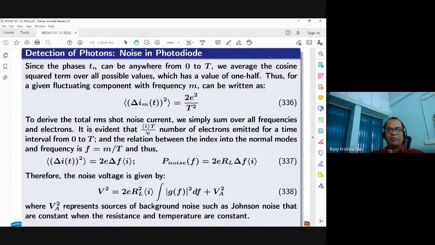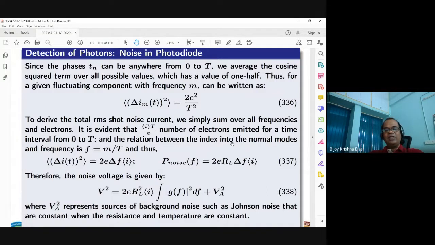Normally, current divided by e gives the number of electrons per second. Then if you multiply by the time T, you get the number of electrons emitted in the photodetector for a time interval from 0 to T.